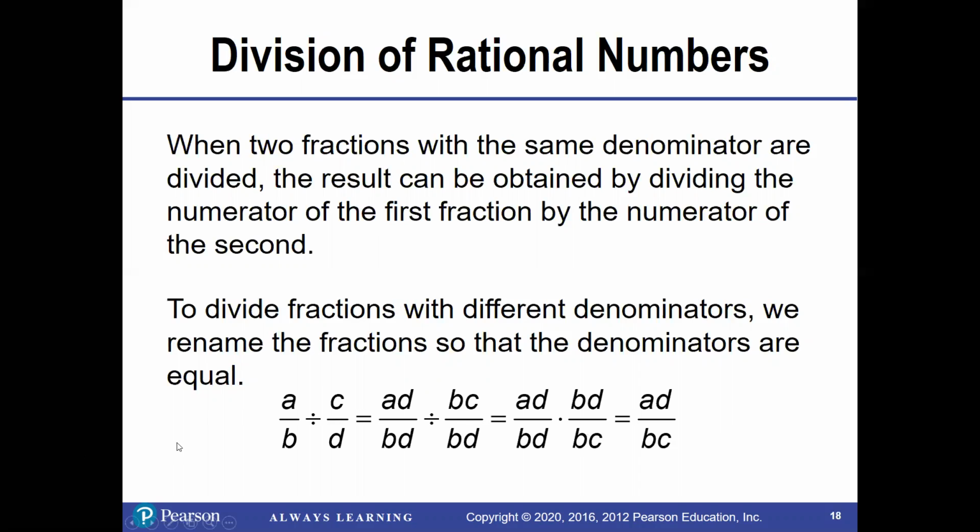Now, this is not normally the way a lot of them are going to be teaching you things. Most of them, and I might be working a little ahead here, but if I was to take two fractions with the same denominator, so let's say 4/5, and we're going to divide it by 1/5.